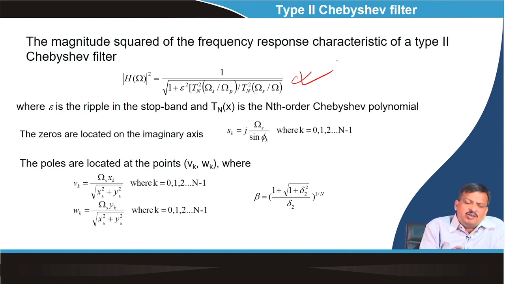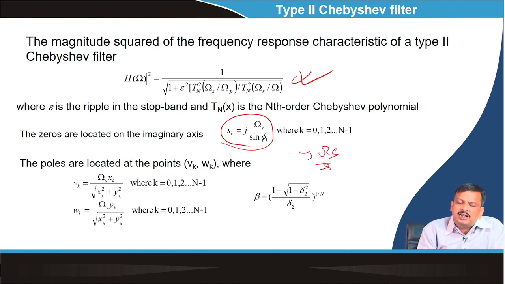Again all are the same, and here the zeros are located at sk equal to j omega s by sin phi k, and the poles are located at the point vk, wk, where vk is this one and wk is this one, with omega s, sk divided by the root of xk squared plus yk squared.